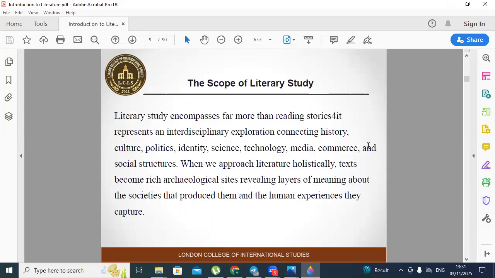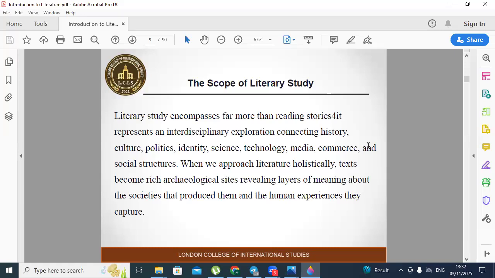The scope of literary study encompasses far more than simply reading stories. It represents an interdisciplinary exploration connecting multiple fields: history, culture, politics, identity, science, technology, media, commerce, and social structures.